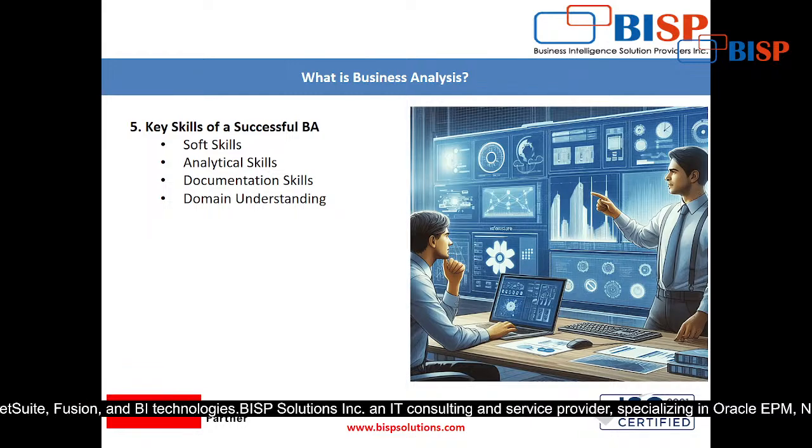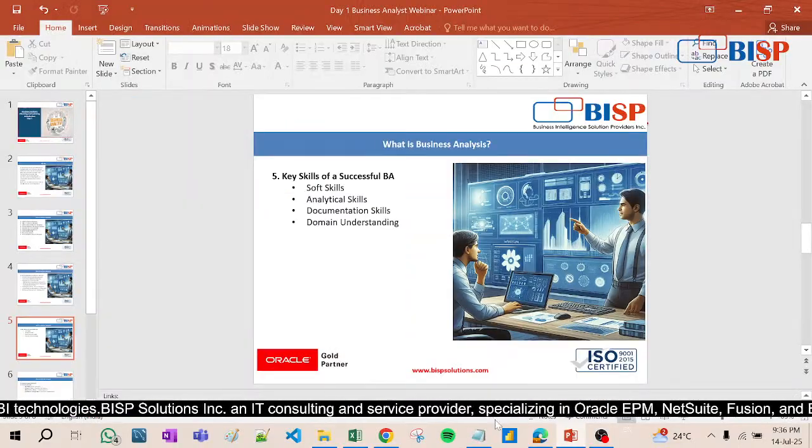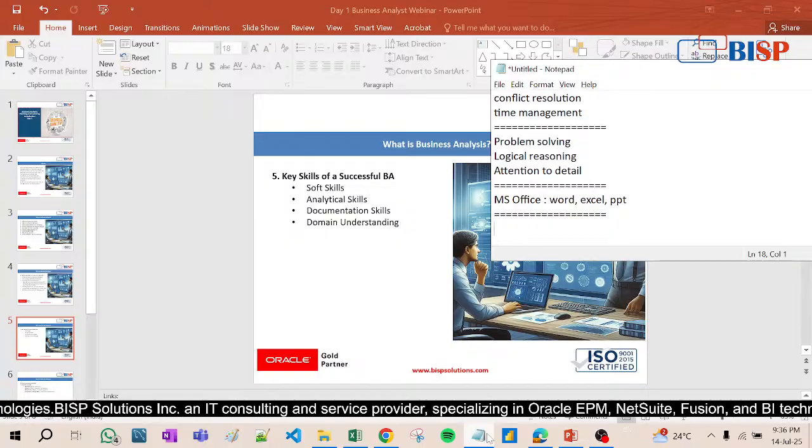Then basic knowledge of SDLC also. Now basic knowledge of SDLC, system development life cycle, right? We will cover this topic in depth in our upcoming sessions. Right now I am giving you only the surface knowledge. System development life cycle is the process in which the development of software is done.